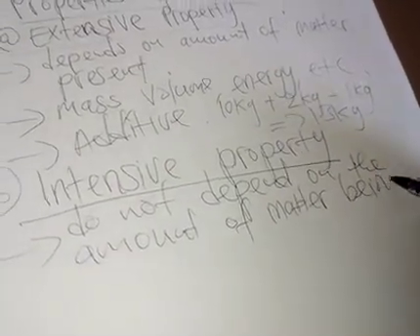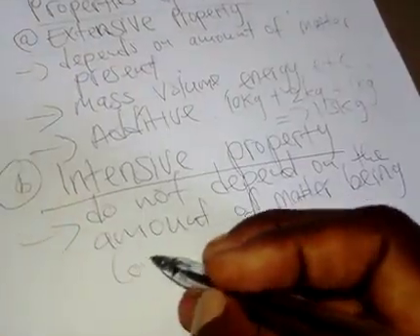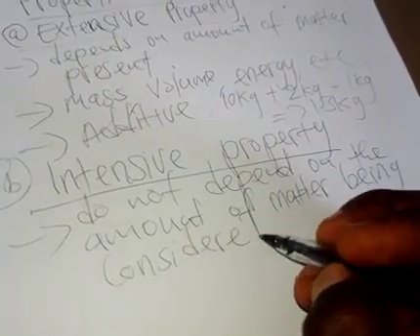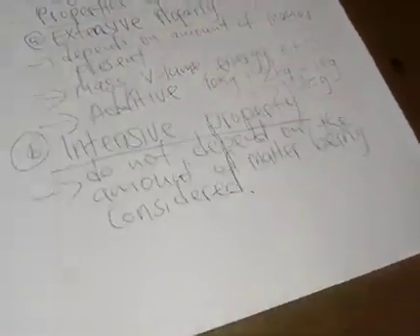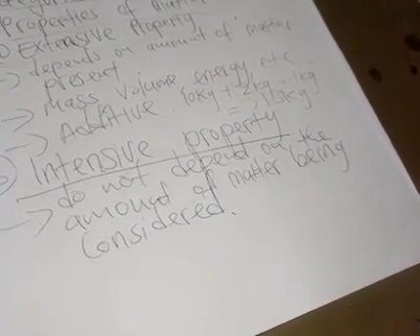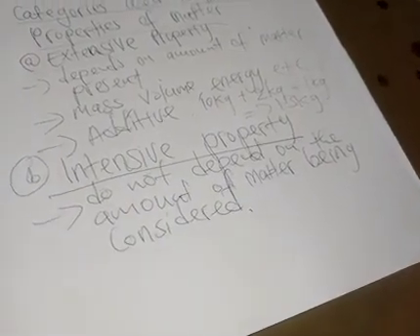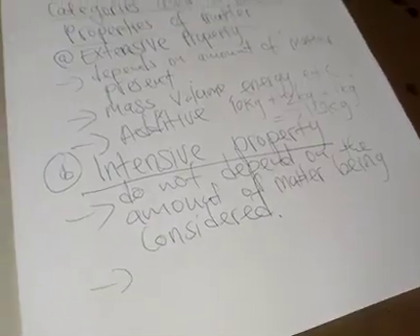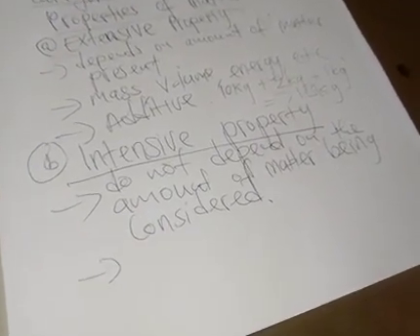Or the amount of matter present. Do not depend on the amount of matter being considered. Then that is an intensive property. Then let's give examples so that we can differentiate extensive and intensive properties.